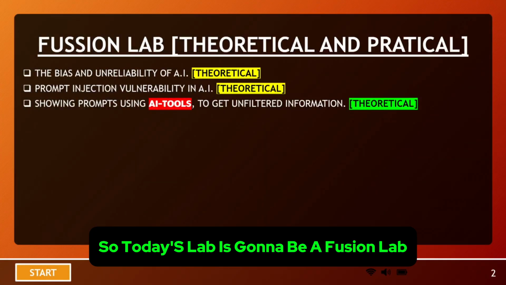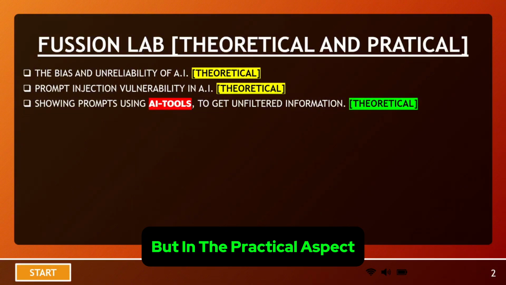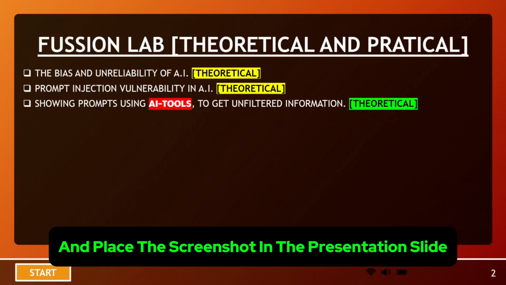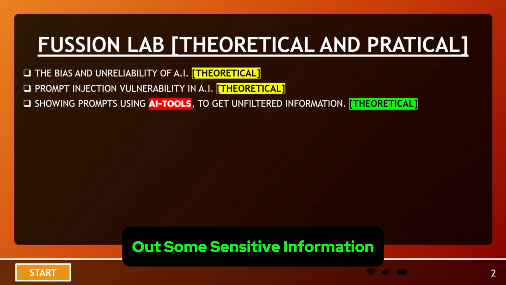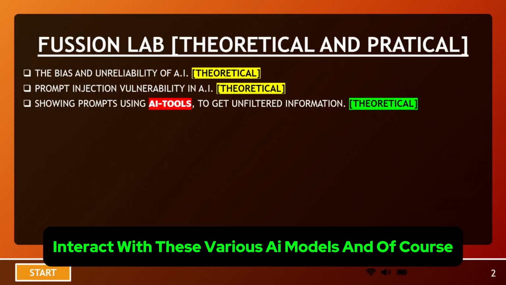So today's lab is going to be a fusion lab, which has to do with theoretical and practical. But in the practical aspect, it's going to be something we have already done and placed as a screenshot in the presentation slide. The reason we did that is because we try to cut out some sensitive information and data which we got from using these prompts or queries to interact with these various AI models.